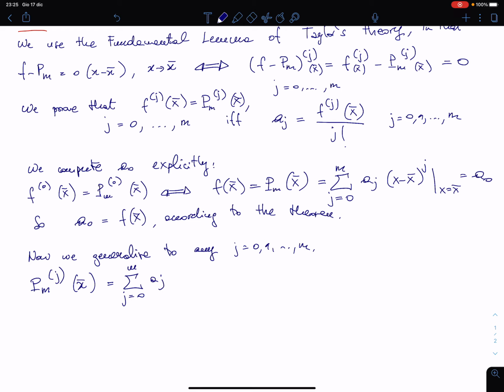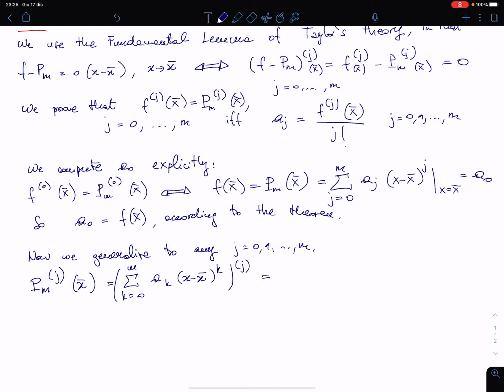We call the index k here, otherwise there is some confusion. So the sum of ak (x minus x bar) to the kth power to be differentiated j times.